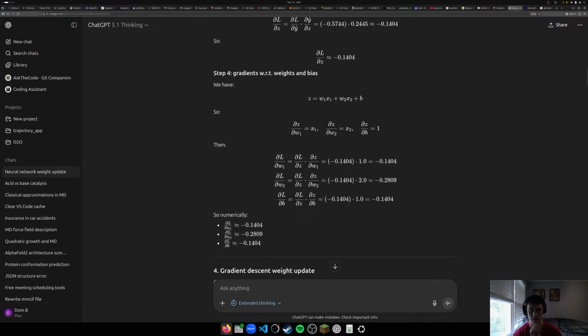So the partial derivative of z depending on the weight is x.